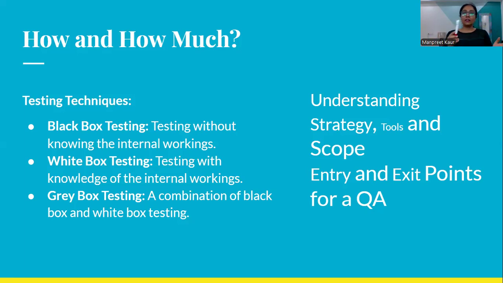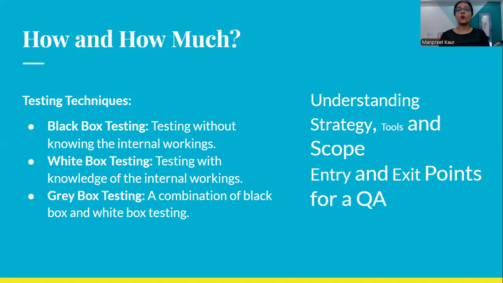And then "how much" plays the role when we have to write the strategy, what tools will be there, and then scope, what will be the entry and exit points, that I have already discussed, right? I have already discussed when to enter: when the code is common between two components, our scenarios should be around those two components only.